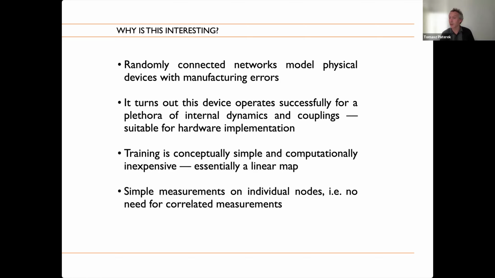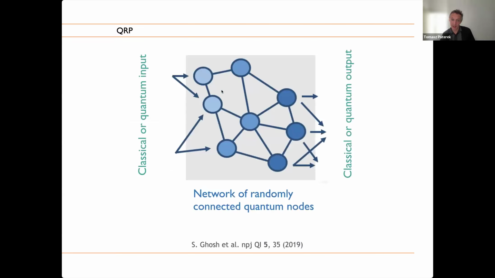This can be realized on near-term, noisy devices. It turns out that this operates pretty successfully for a lot of different internal dynamics. So in this network, you could choose the hopping terms, but you could choose some other terms, right? I'll show you some examples. There are a lot of different possibilities, and it looks like it's pretty universal. As long as you have this structure, it can compute.